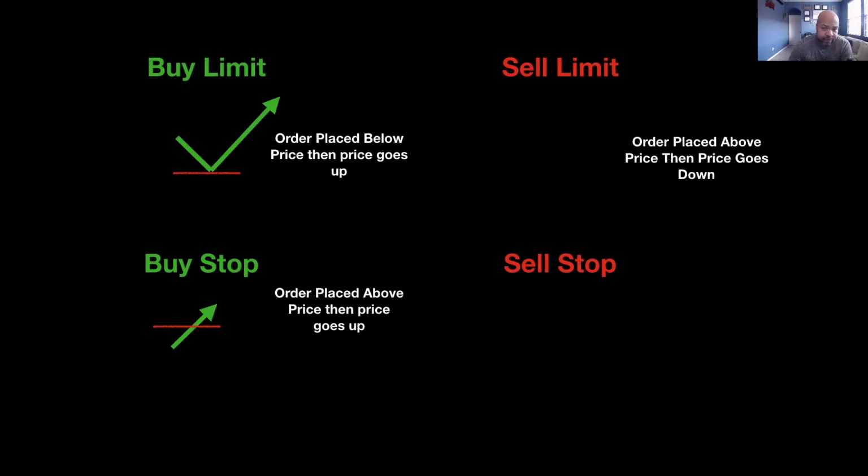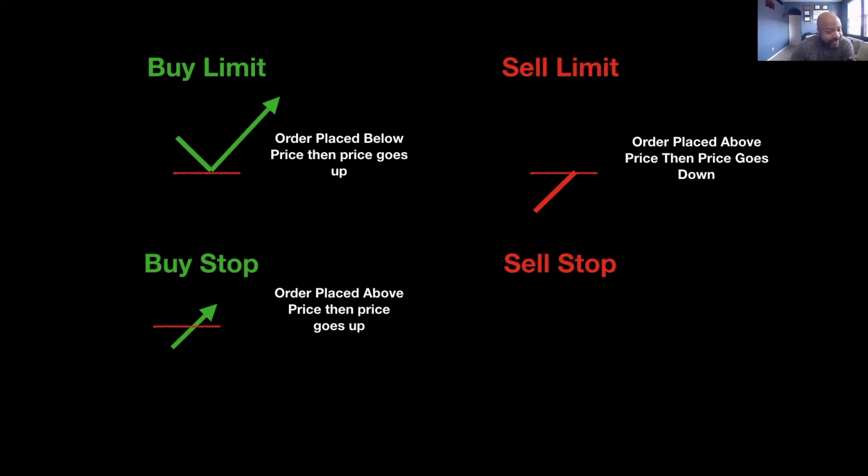And then red is for sell limit. So here's a red line. That's your order. You put in your order in MetaTrader 4 or in TradingView or whatever platform you're using. And then you're hoping the current price goes up to where your order is. And then it triggers. So once current price goes up to your order, it's going to get you in the trade automatically.